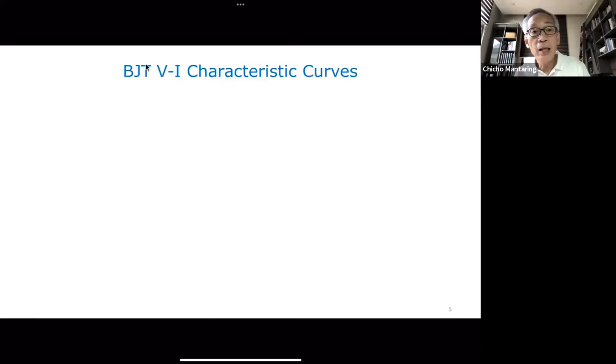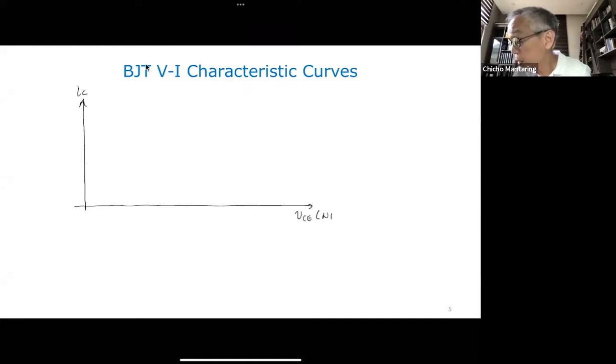Okay, so let me revisit the VI characteristic curves of your transistor. So when we talk about the characteristic curves of a BJT, that is a plot of your collector current versus your collector to emitter voltage. So this is VCE, if this is an NPN, or VEC if this was a PNP.